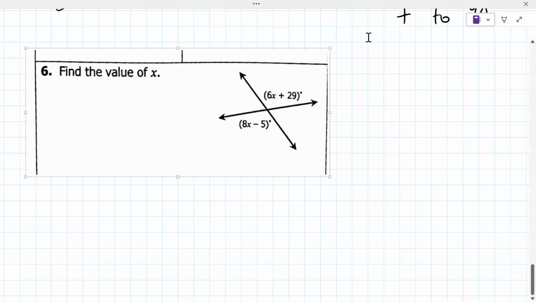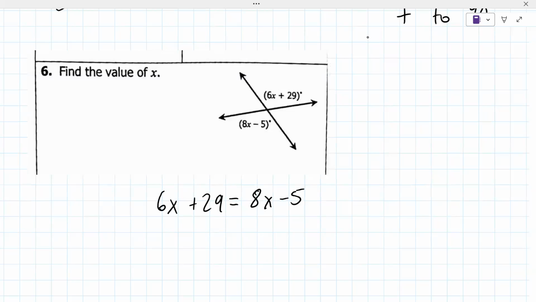Okay, so set them equal and I want you to solve for x. All right. X equals 17.